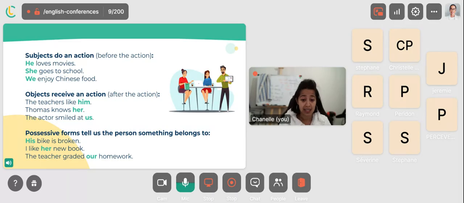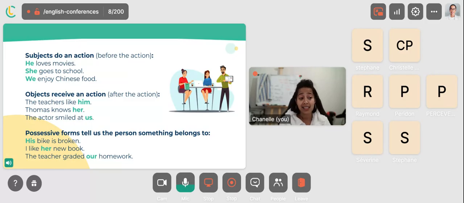Your objects, they are receiving the action. For example, en français, vous avez le complément d'objet direct et indirect. In English, we have the object which generally follows the verb. For example, the teachers like him. Thomas knows her.